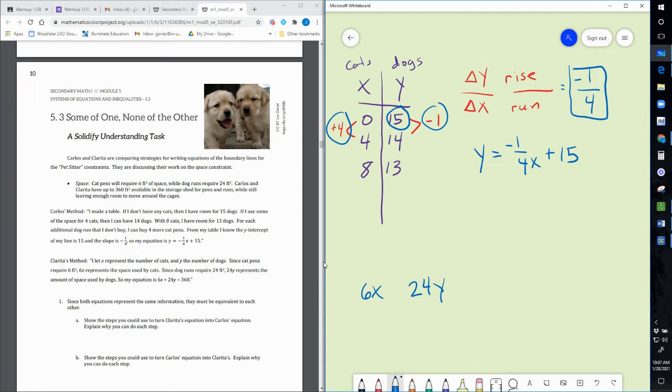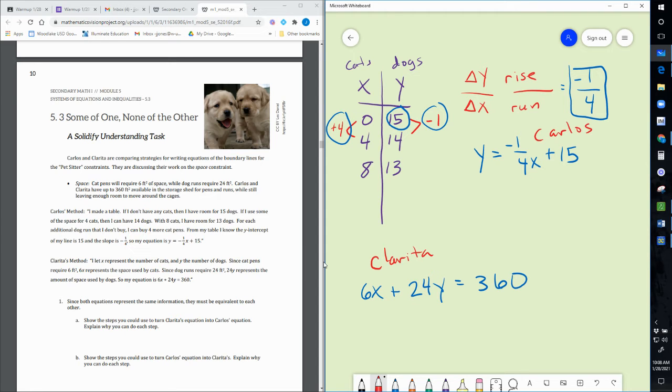So 6 times 1x, 24 times 1y. And so it says, so my equation is, and then she basically says, if you add the space for cats to the space of dogs, it should equal 360. Okay? So this equation is Clarita's, and this equation is Carlos's.